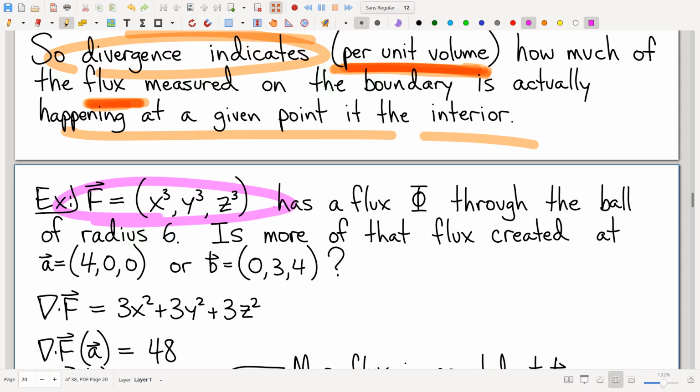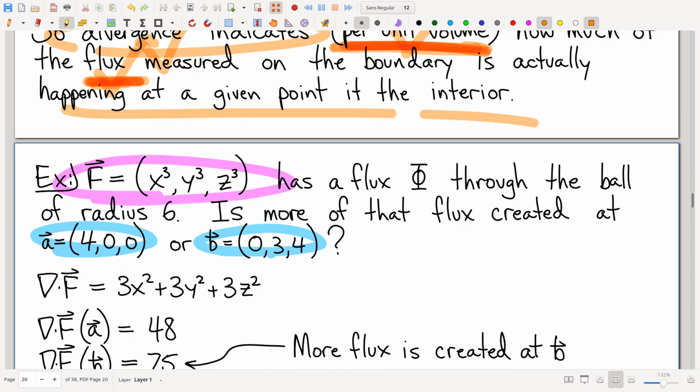And so when you've detected a bunch of flux, you can talk about at different points how much of that flux is coming from there and how much is coming from there, and which one is more. And again, that's what divergence does. Divergence tells us how much of the flux, per unit volume, of course, is happening at these given points.